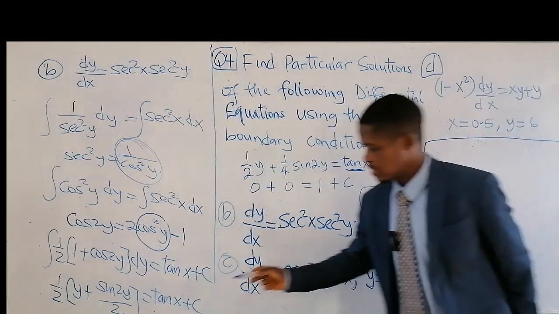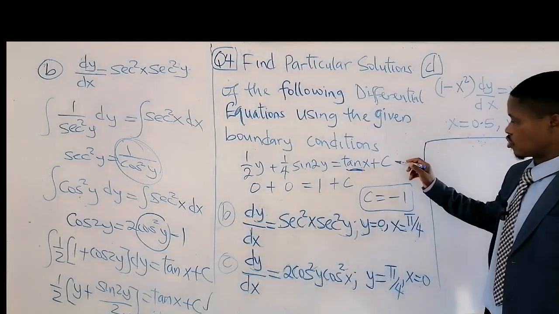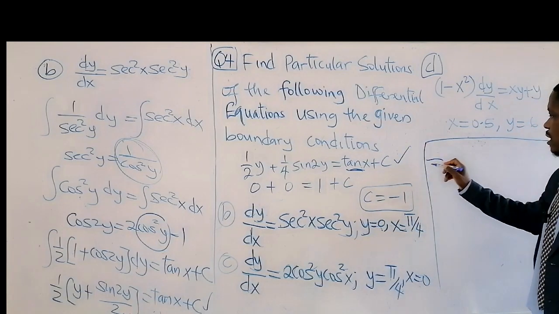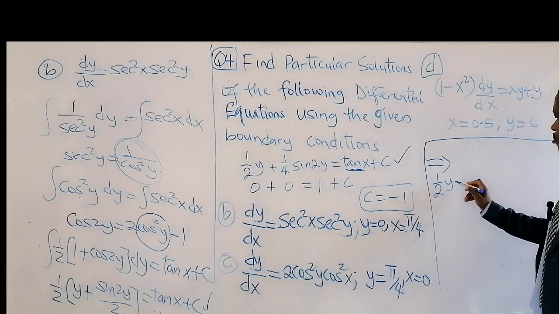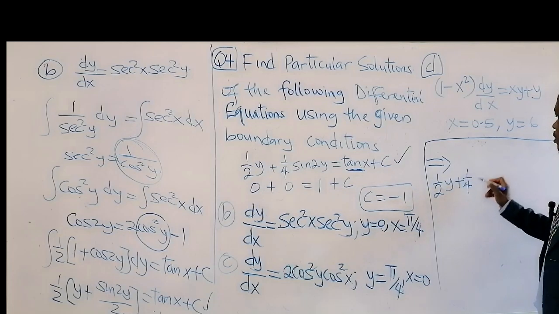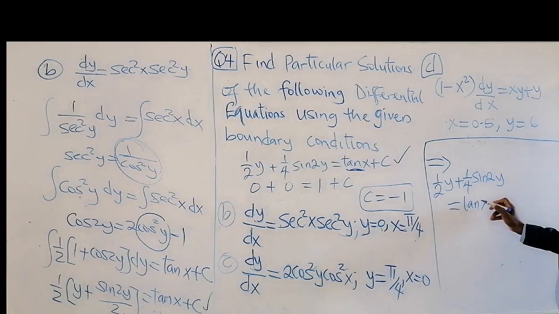So you just come back here and plug in your answer. The final answer will be 1 over 2 y plus 1 over 4 sine 2y equal to tan x minus 1. And that finishes that part.